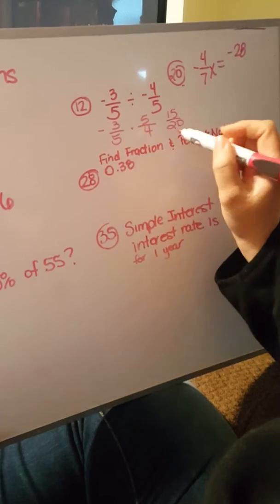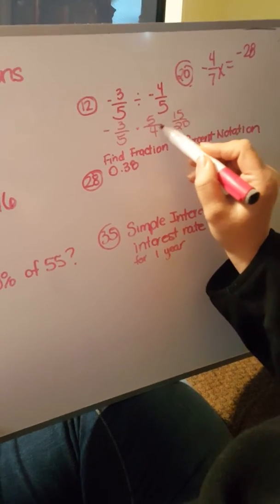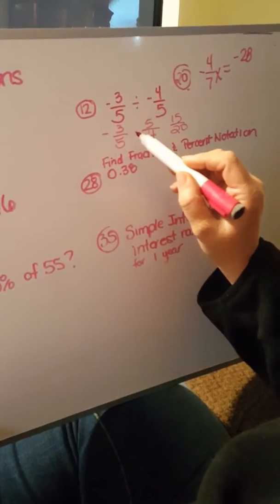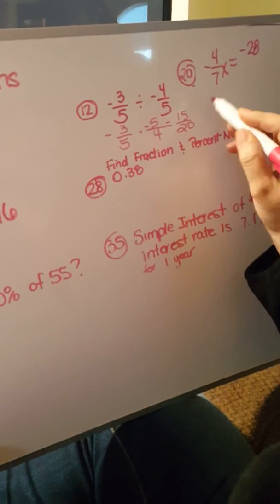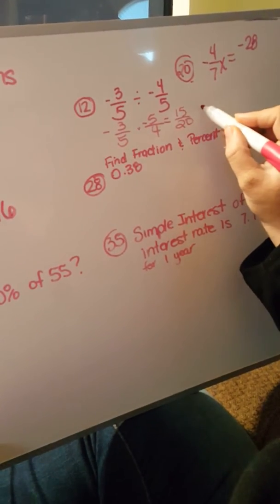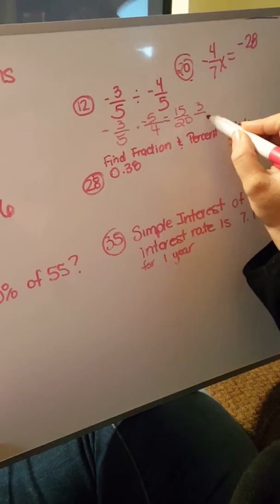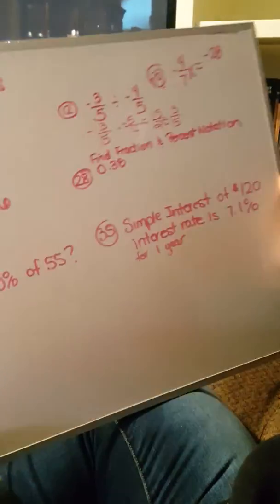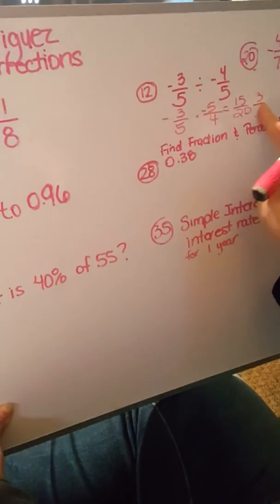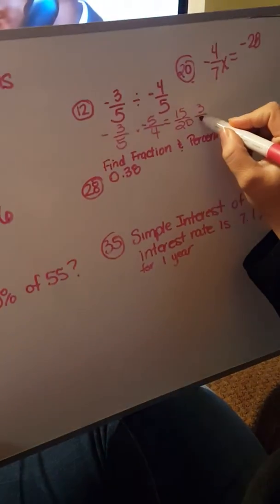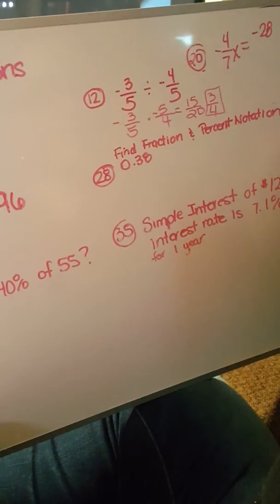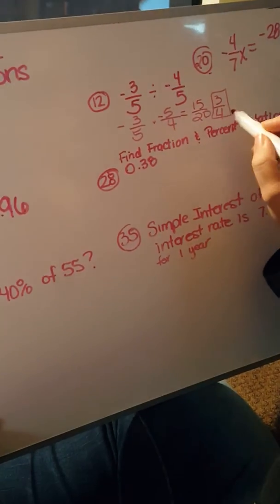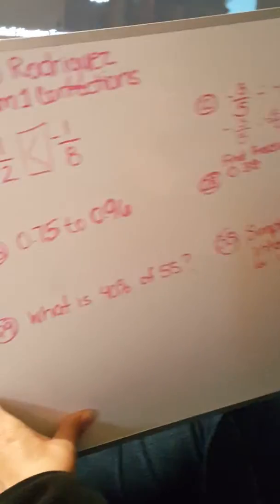Hold on. So that's a 3/5, right? And a 5/4, making that a positive. And so that can be reduced. 5 goes into 15 three times, and 5 goes into 20, 4 times. So 5 goes into 15 three times, and 5 goes into 20, making it 3/4 as my answer.